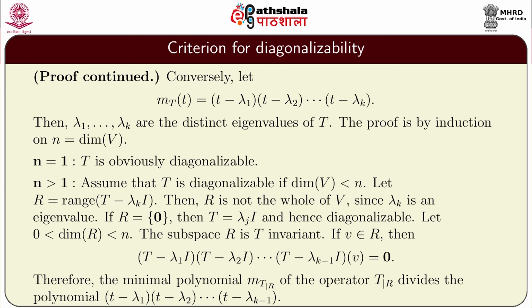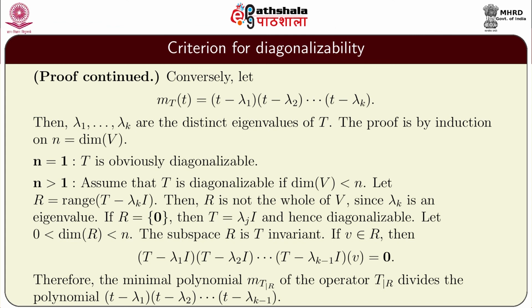We know that the subspace R is T invariant, and if we choose any vector v in R, then (T minus lambda 1 I)(T minus lambda 2 I) and so on (T minus lambda k minus 1 I) of v is the 0 vector.